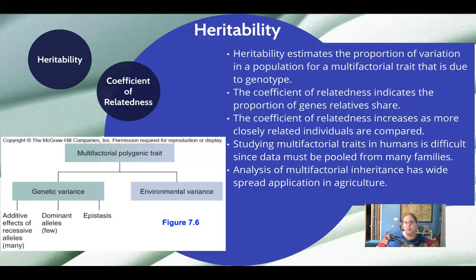Comparing multifactorial traits in humans is difficult. A lot of that is because, one, as we mentioned, the environmental component, but also we have to pull the data from many families because we have to look at how it is in not just an immediate family, but also first cousins, second cousins, third cousins, etc. And like great grandparents and great aunts and uncles, because when we develop things like that empirical risk percentage, we need to know how many people in the overall family have it and to what degree of relatedness.